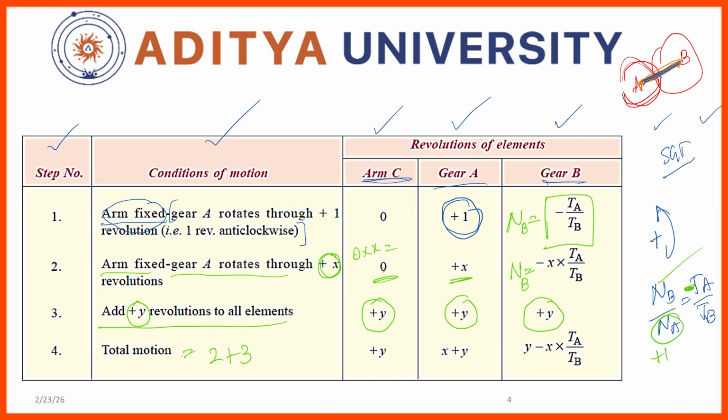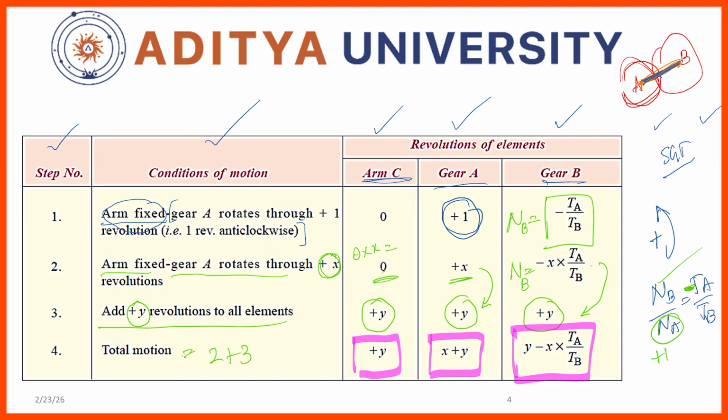Now arm C will be plus y, gear A will be x plus y, gear B will be minus x into TA by TB plus y, right? Now these are the final items. This is for arm C, this is for gear A, and this is for gear B, right?